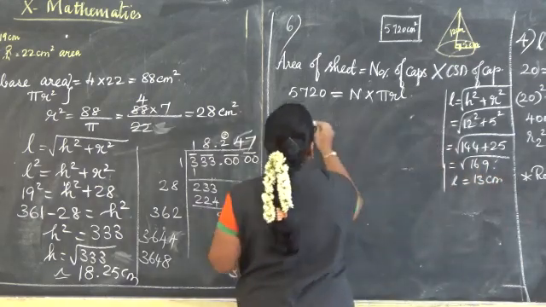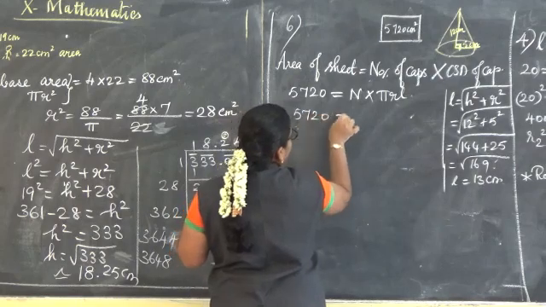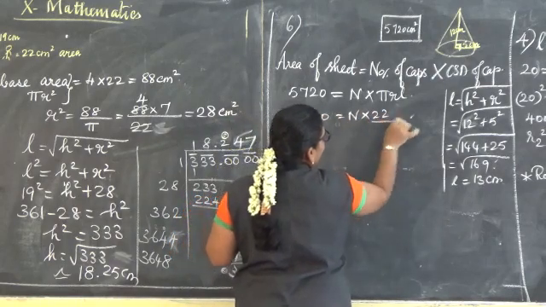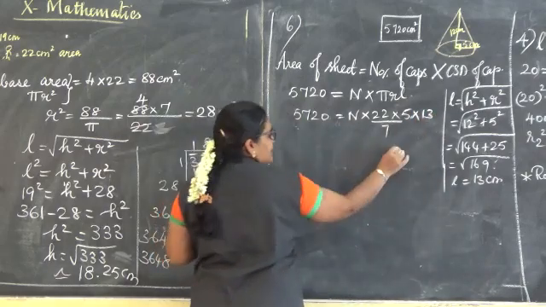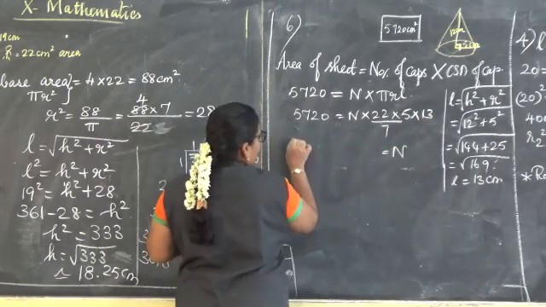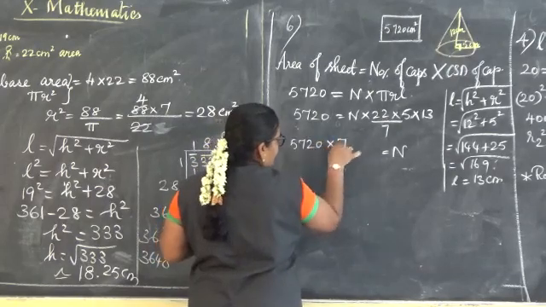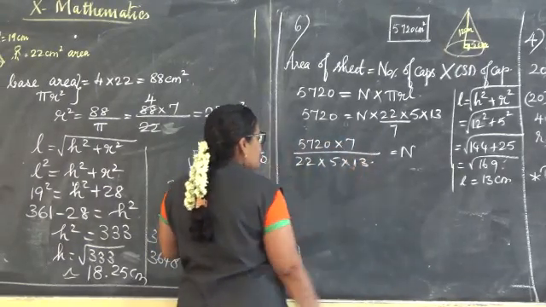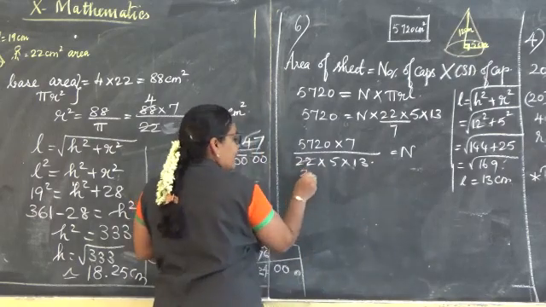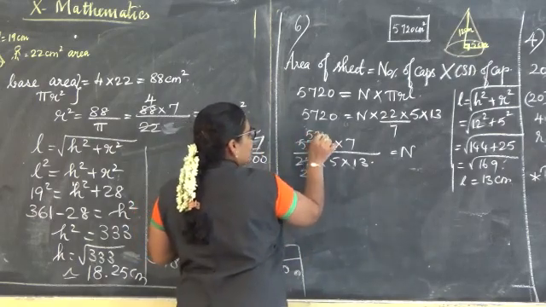So apply all the values. 5720 is equal to n into 22 by 7 into 5 into 13. Bring all the values this side. So n is equal to 5720 into 7 by 22 into 5 into 13. So we divide by 11 table, it will become 520.